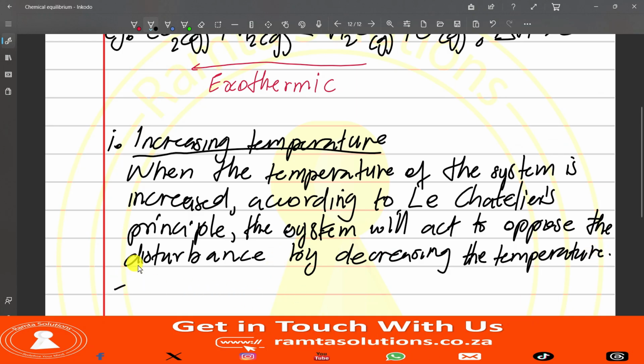So, decreasing temperature, what does it favor here? You guys got it, right? Decreasing temperature, what does it favor here? Somebody tell me what we have said.